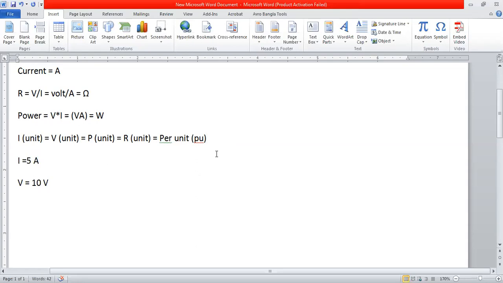So how can we convert the ampere unit and the voltage unit to per unit? Another meaning of per unit is a unitless quantity.